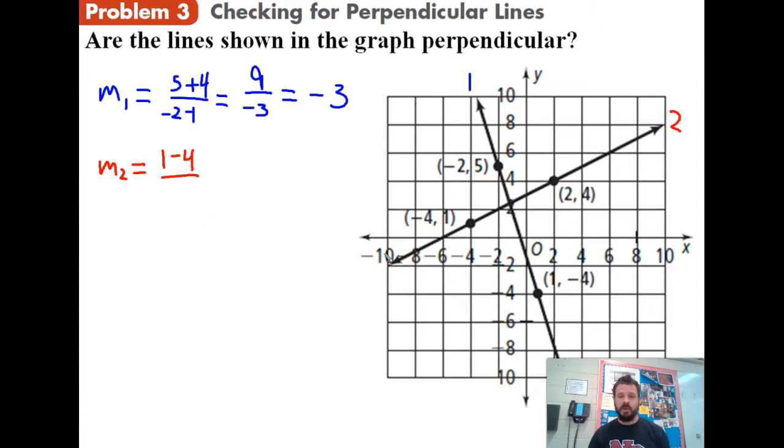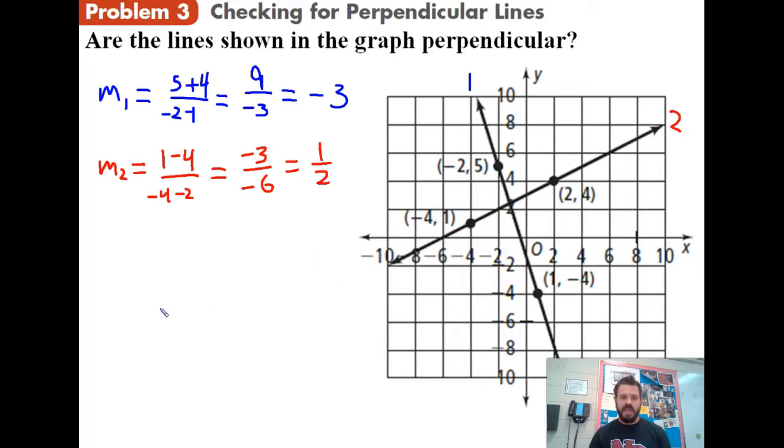All right, in the same order, x minus x, negative 4 minus 2, which will leave us with a negative 3 on top over a negative 6 on the bottom. And that's going to reduce into a positive 1/2.